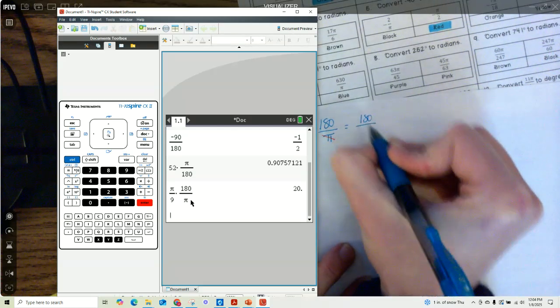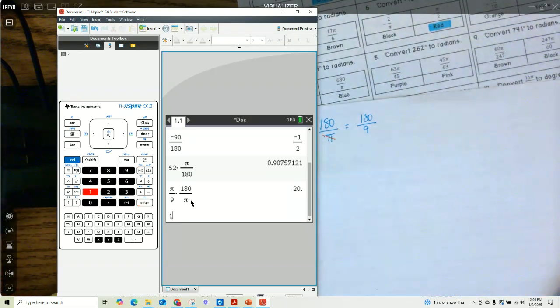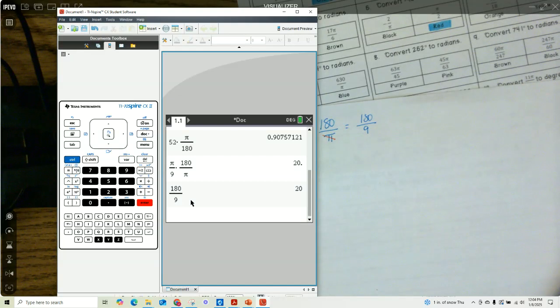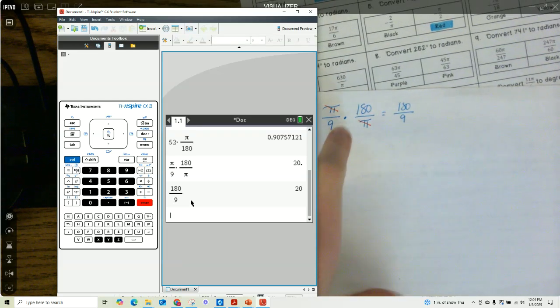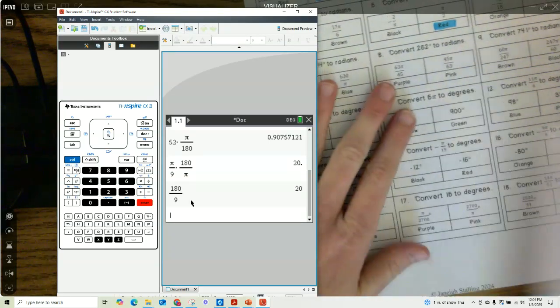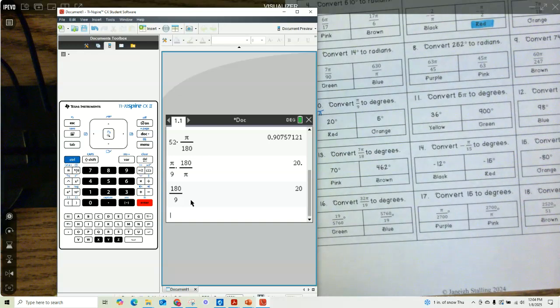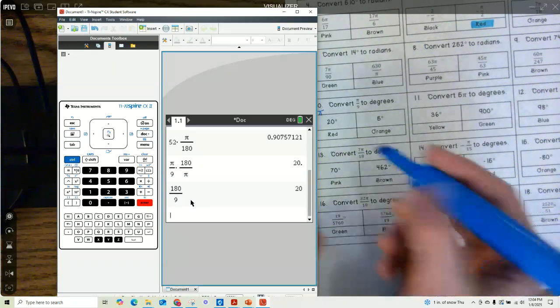Now on top all I've got is 180. On the bottom all I have is 9. Either way works. You can cancel out by hand and then type your top and your bottom number in, or you can type the whole little formula in. Doesn't matter, it'll give you the same answer. So this one, we got 20.